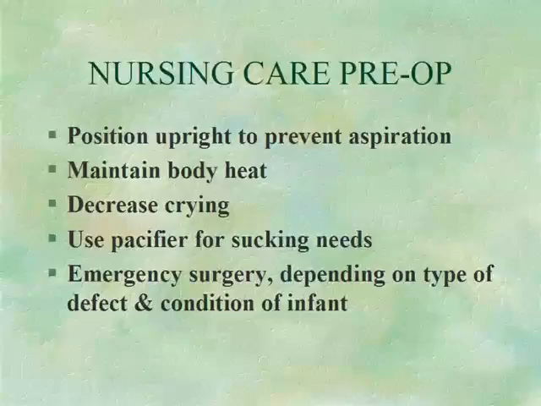The first thing that they're probably going to do is try to close off that fistula and place a G-tube. Initially, that G-tube will be used to empty the stomach until we can get that fistula closed.